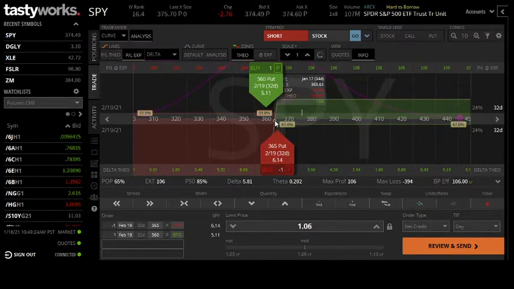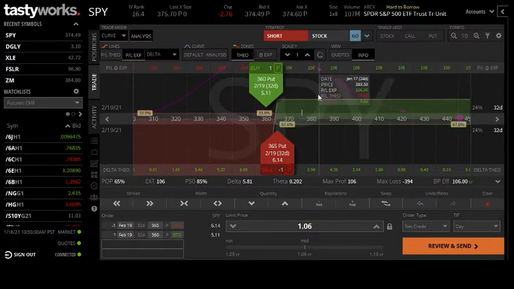As long as the underlying stock stays above this 365 level at expiration, you're going to receive full credit. These are going to expire worthless, and you're going to receive this full credit. If it breaches it and breaks it, I'll show you guys strategies on defending them and adjusting strikes and things like that. That's for another day, a little more advanced.